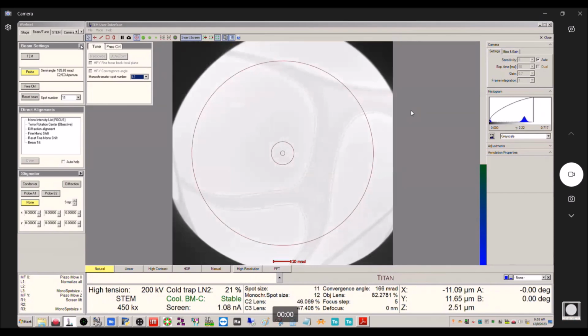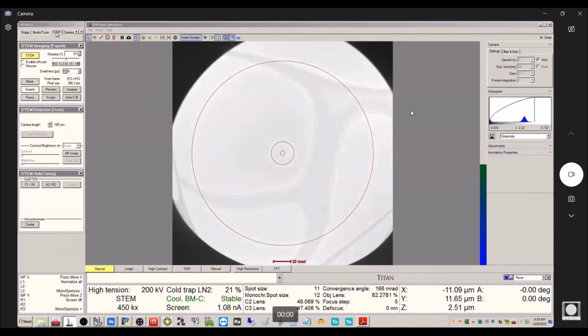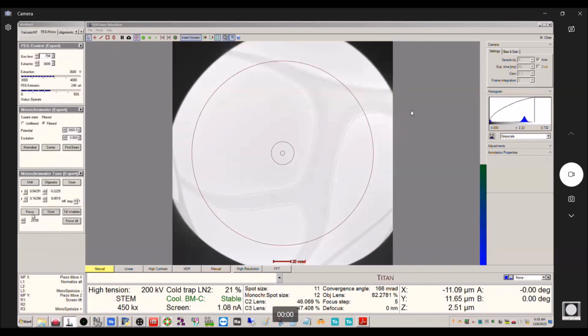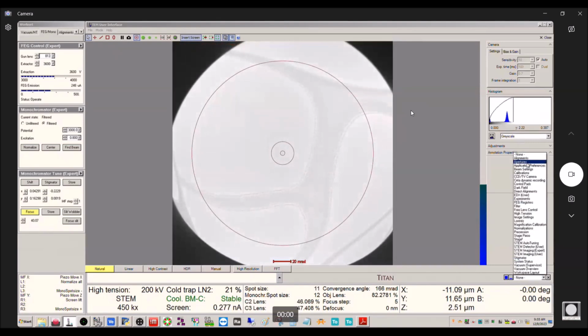we have to start by centering the C3 lens. If we look here, we have a high camera length, which doesn't really matter here. Let me spread the beam out a little bit more, or the mono out a little bit more. All right, let me go to the apertures panel.